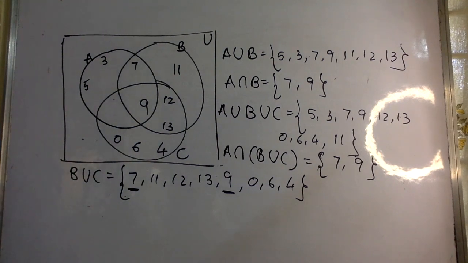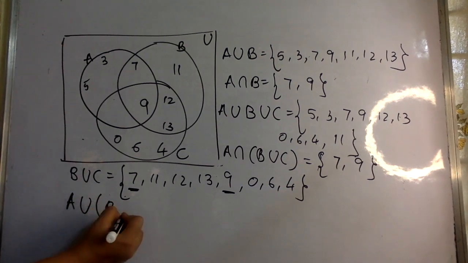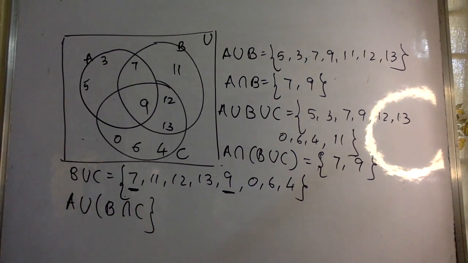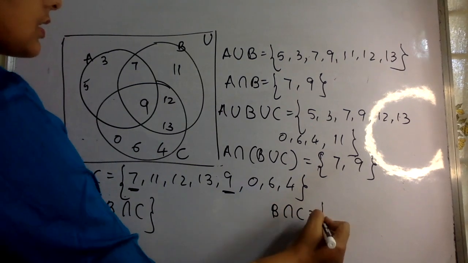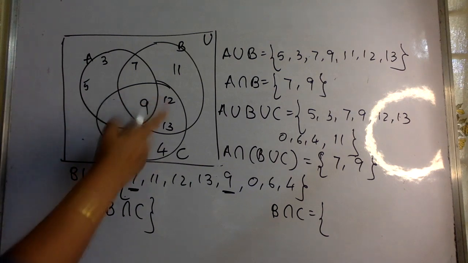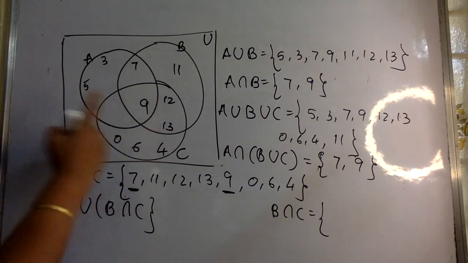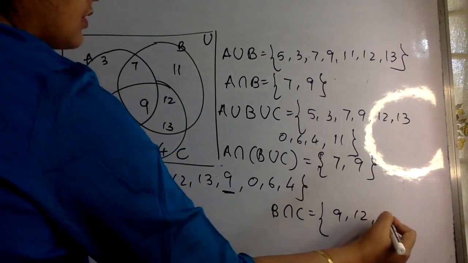Now one last question. A union B intersection C. Now here again we'll find B intersection C first. Let's see what is B intersection C. B intersection C is 9, 12, 13.